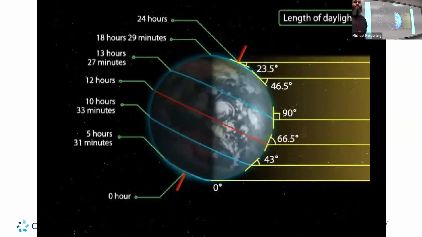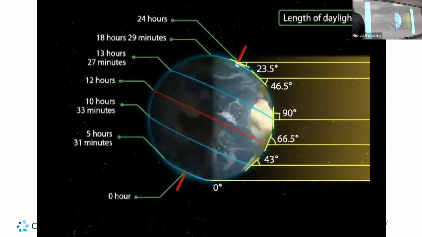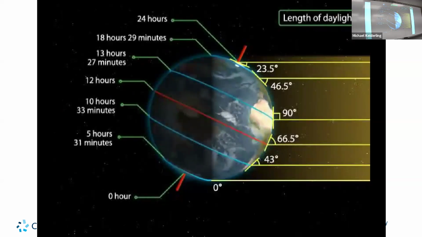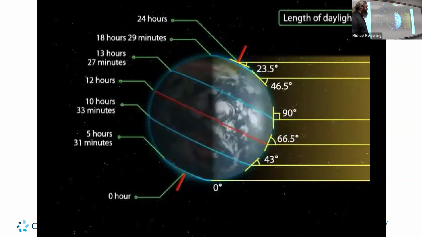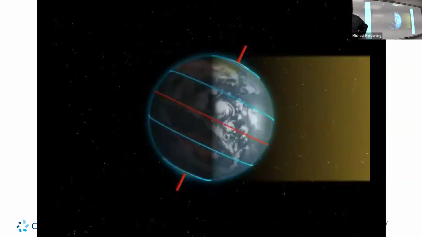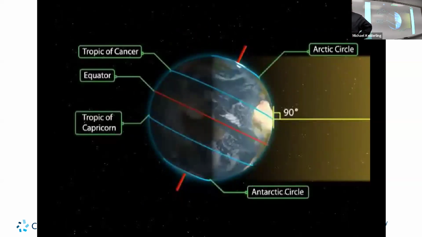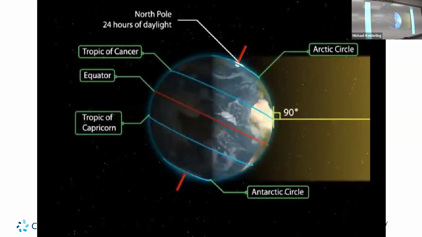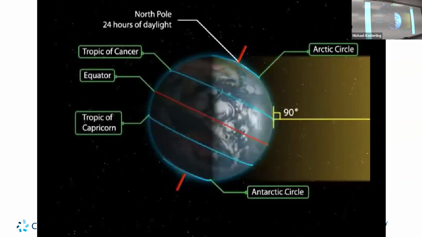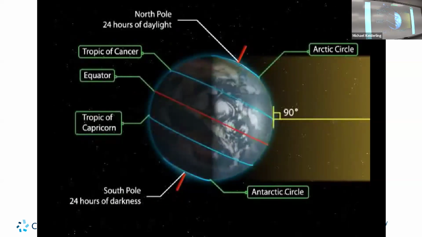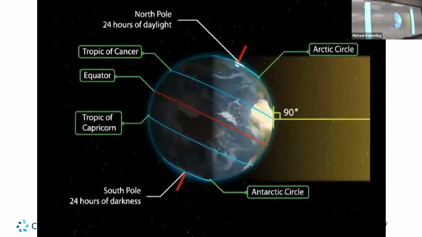On this day, the length of daytime of the northern hemisphere is the longest in the year, while that of the southern hemisphere is the shortest in the year. Besides, there are 24 hours of daylight at the Arctic Circle and 24 hours of darkness at the Antarctic Circle.